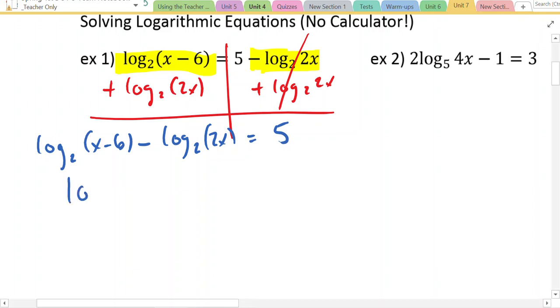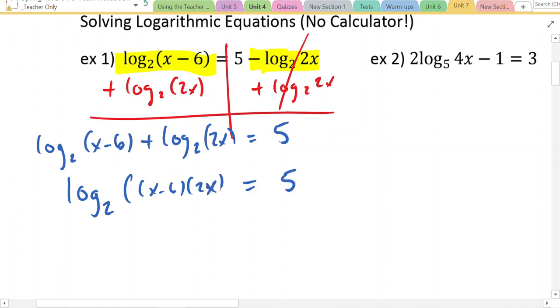So this is going to become log base 2 of x minus 6 divided by 2x, and that equals 5. Oh wait, I added. That's a plus. Sorry. I did pay attention to what I was doing. So that's a plus.